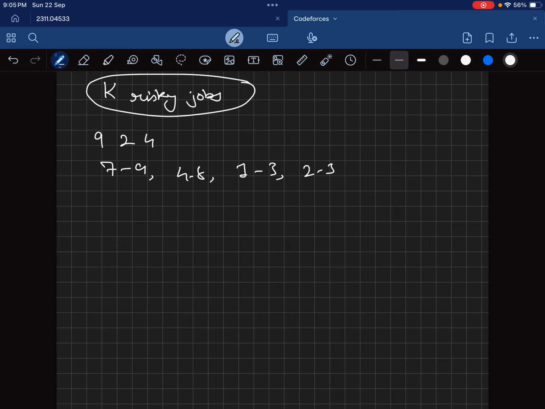One of the most important things to observe in this question is that the constraints on days are of the order 10 to the 5. So how we'll approach the question is, we'll first create an array of size n plus 2 and initialize it with 0. In this case we'll make an array of size 11, so the final index will be 10.